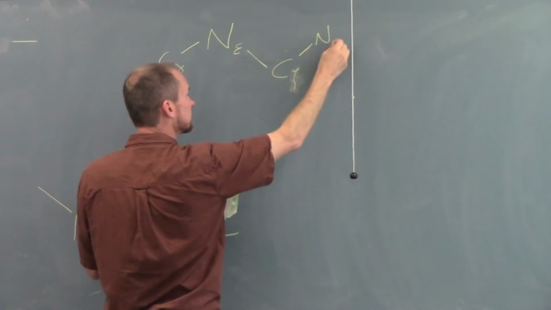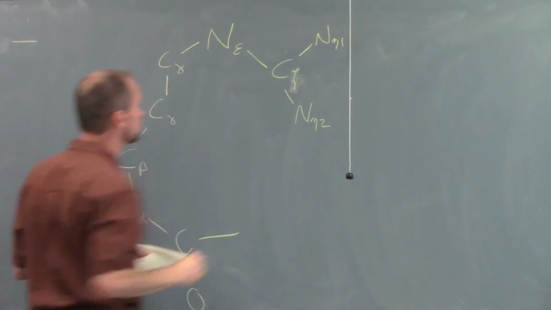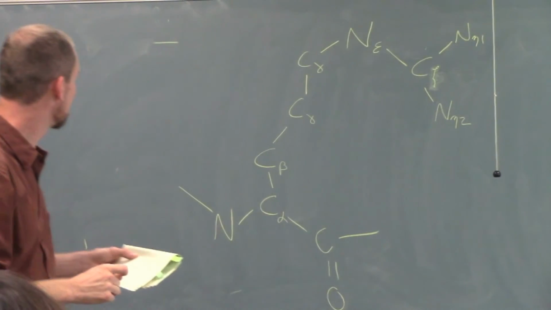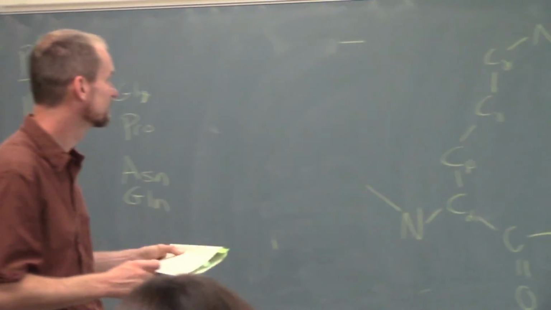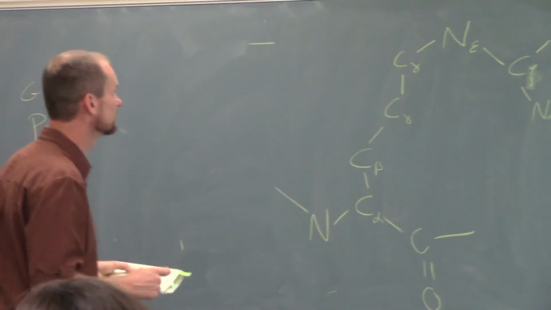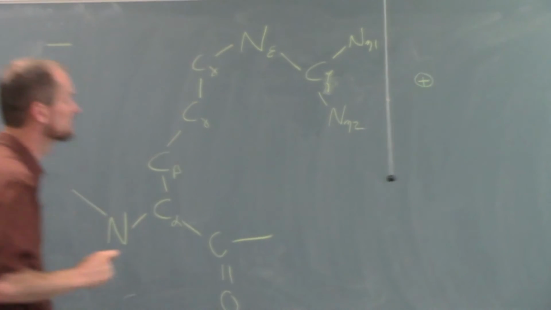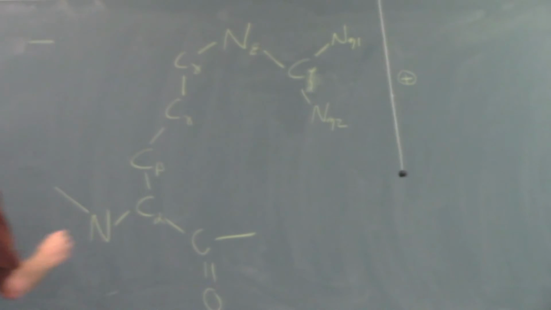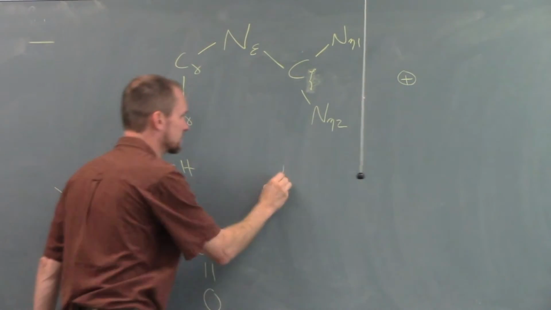C zeta, and N eta 1, and N eta 2. What amino acid do I have here? Give you a hint. Positively charged. This is arginine.